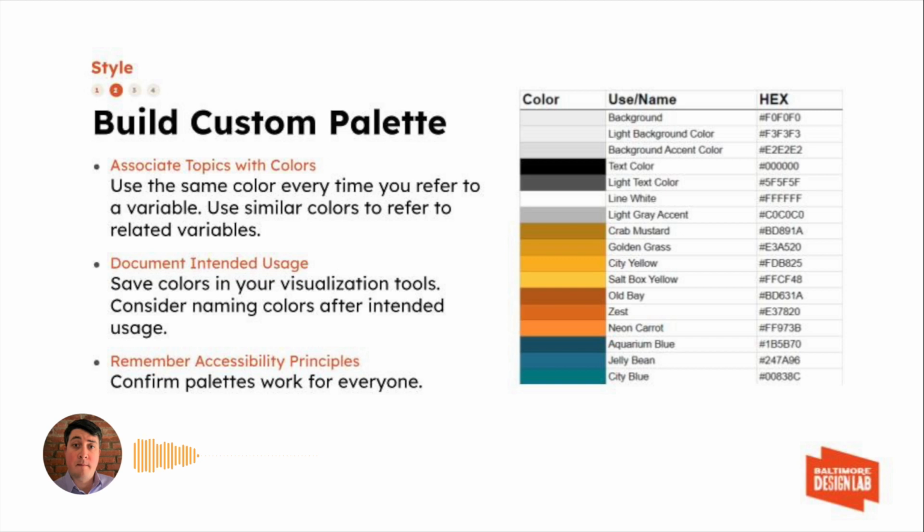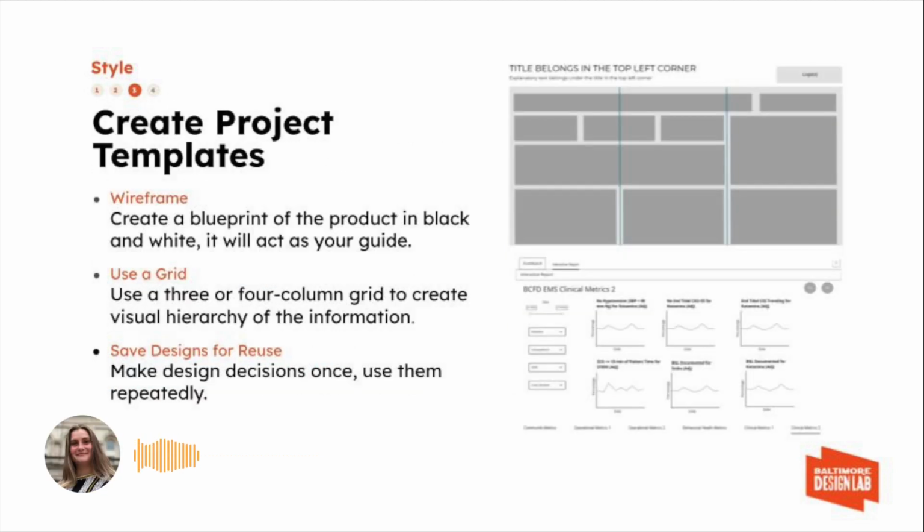So that way I'll make sure I'm using the right color consistently throughout my project. I tend to associate similar colors with similar variables. So maybe all of my time variables will use those blues. I'll use those yellows and oranges for a different kind of category. And this is a good time to go check back in on those accessibility principles that Jeanette mentioned. There's some tools linked in the guide that will help you test your palettes, make sure that they work for different visual accessibility needs.